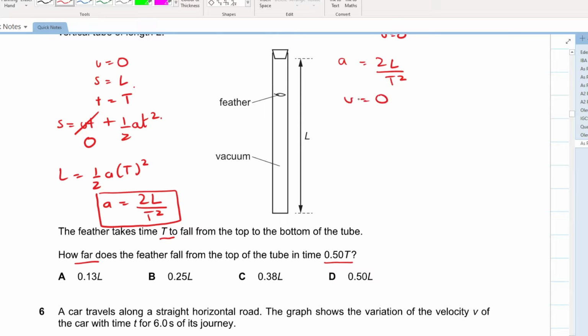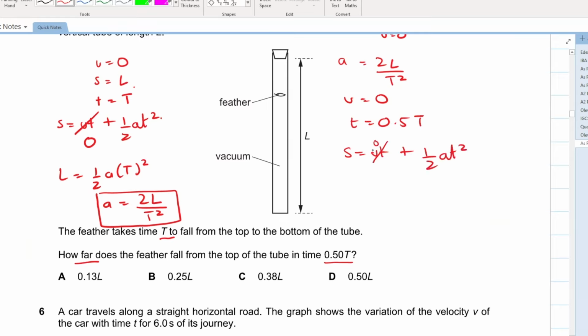Your initial speed is 0, and you know that you are falling for a time of 0.5t. Can you calculate the distance s? Yes, s = ut + ½at².